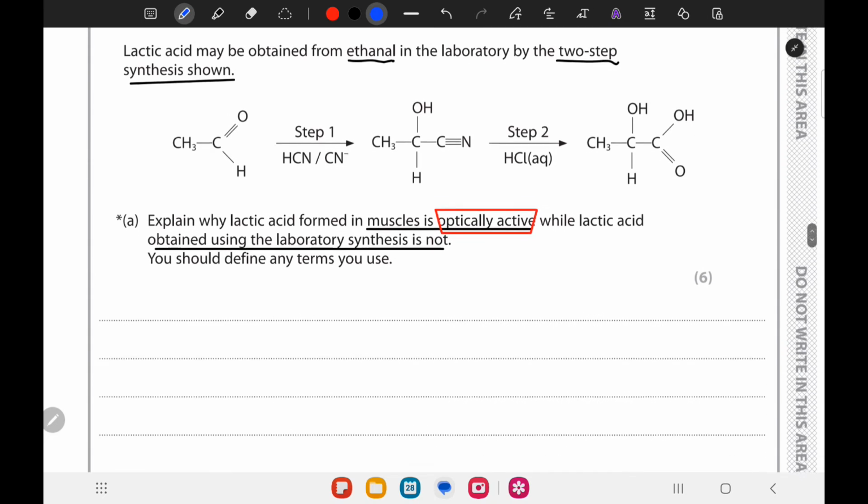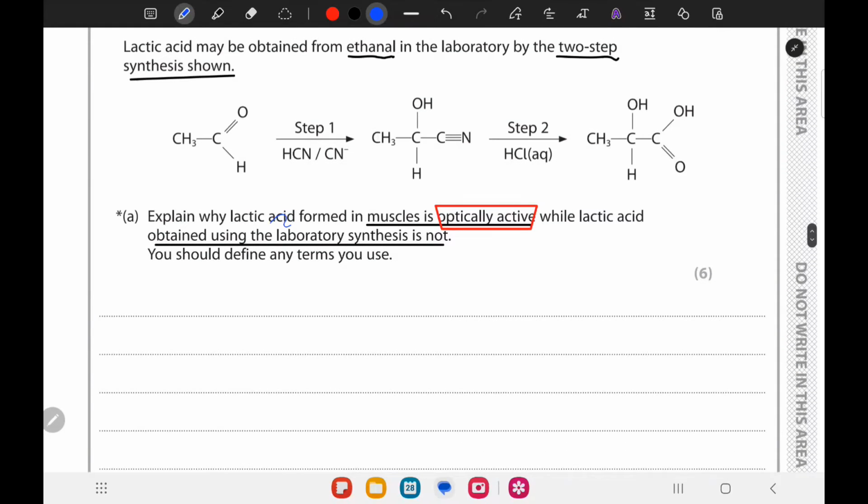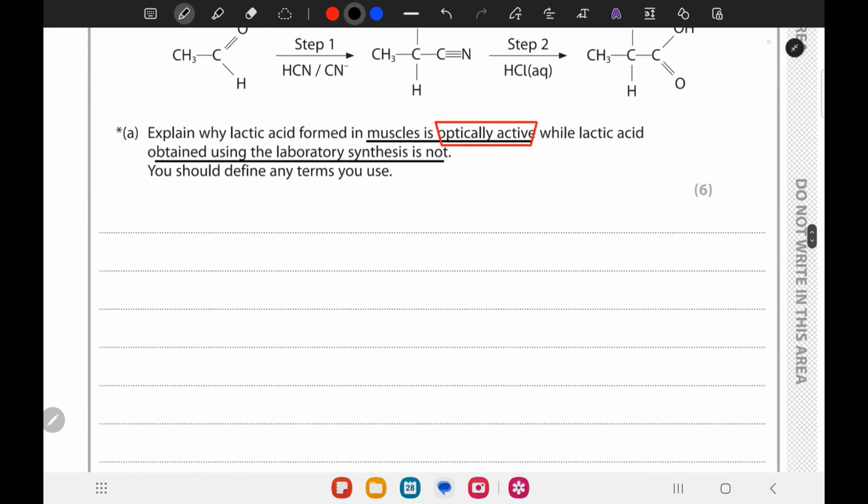Now, after that, we have to explain why the lactic acid obtained by the laboratory synthesis is not optically active. So I'll write down what I've said so far.